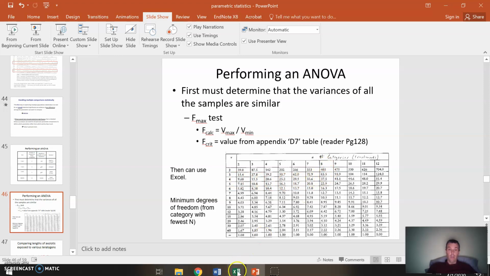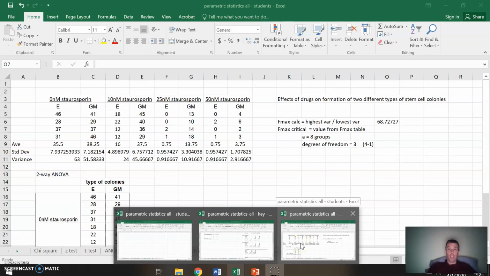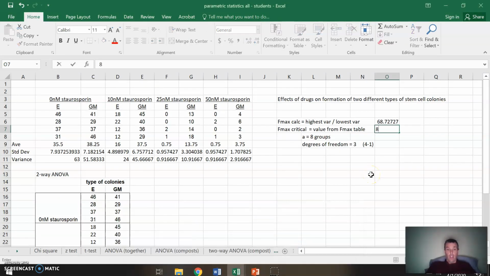So this is a pretty high number because we don't have many replicates, so it knows that we are probably going to have some high degree of variation. And so basically we're fine. Our F max calculated is less than our F max critical. We're good to go. So how do we do this two-way ANOVA?